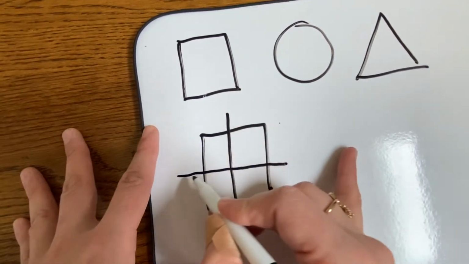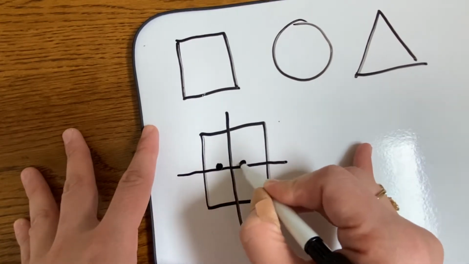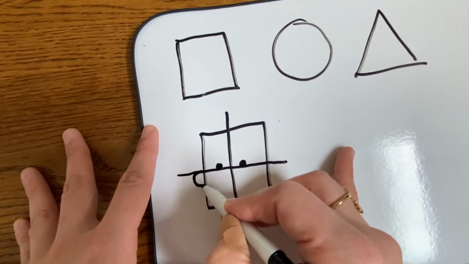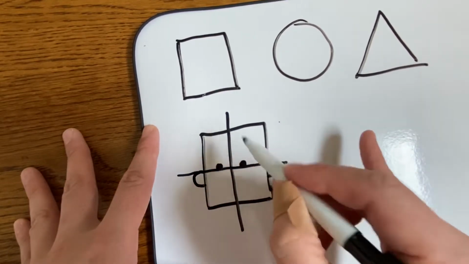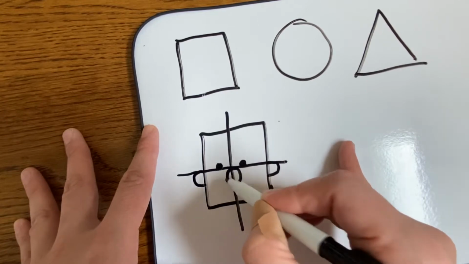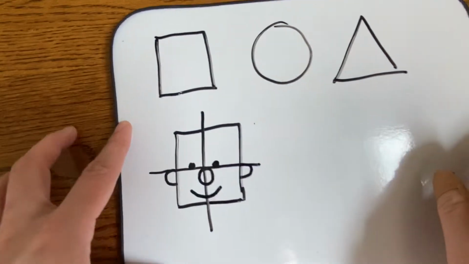So simple. On the horizontal line is the eyes, ears, okay? And on the vertical one is the nose. And then leave some space for the mouth, okay?